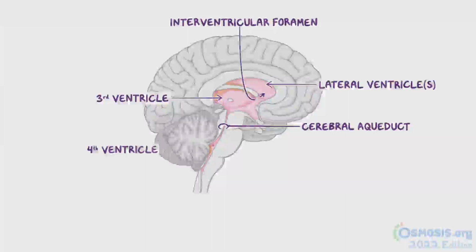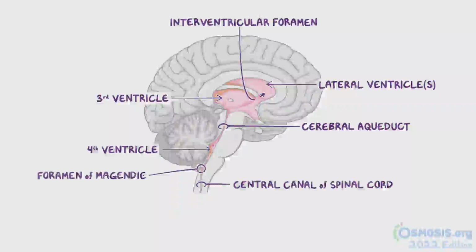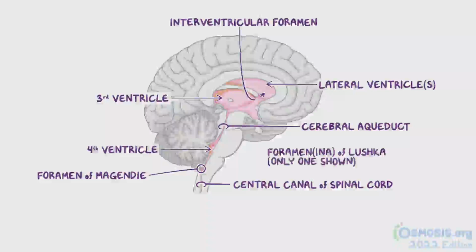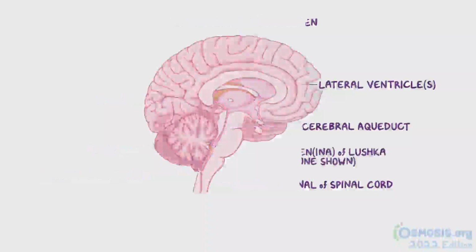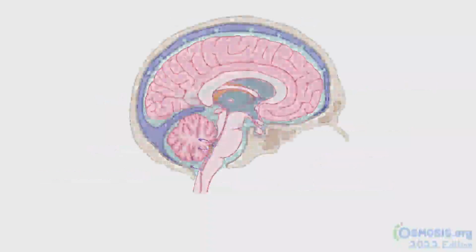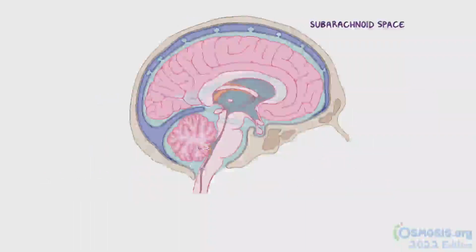Caudally, the fourth ventricle continues to the central canal of the spinal cord, and just inferior to the cerebellum, there is the foramen of Magendie. Laterally, at the level of the cerebellum, there are two foramina of Luschka. These foramina allow CSF to leave the fourth ventricle and enter the subarachnoid space.